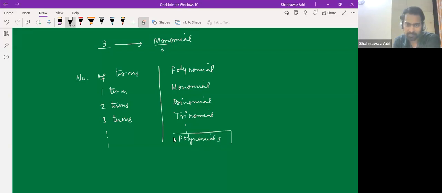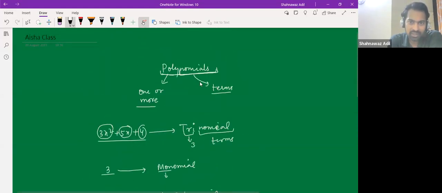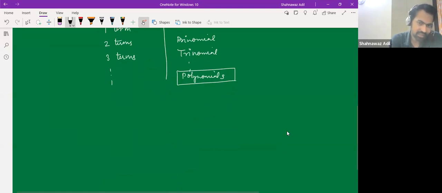But there are some characteristics of polynomials, right? There are mainly two basic characteristics that define the polynomial. This definition was based on number of terms, but we have certain characteristics. So what are those characteristics?